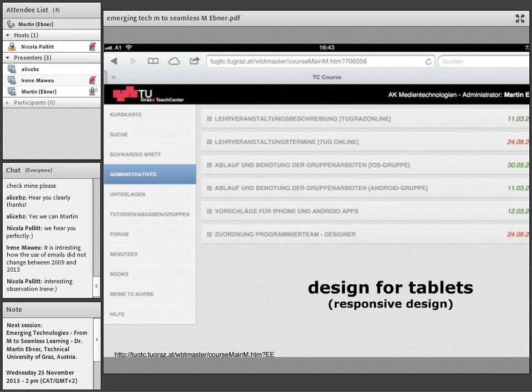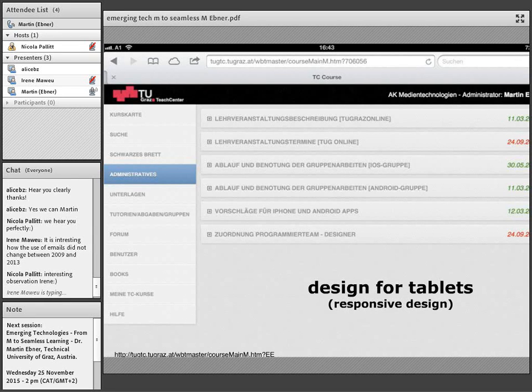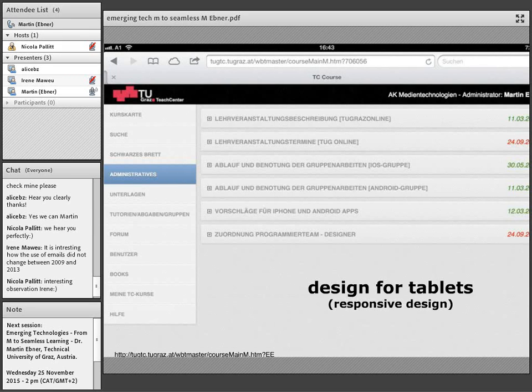We are doing different responsive designs on big, huge systems so that people can really go by train and get all that information concerning, for example, the lecture on the move. Because it's not done beforehand, it's just as I take a look where I have to go and something like that. Here, for example, you see the design for tablets of our learning management system.